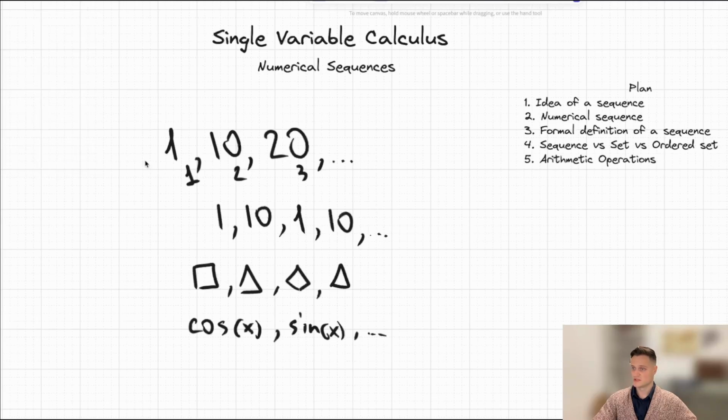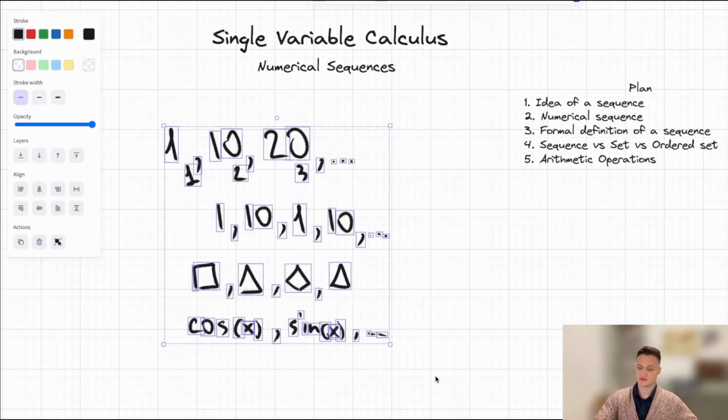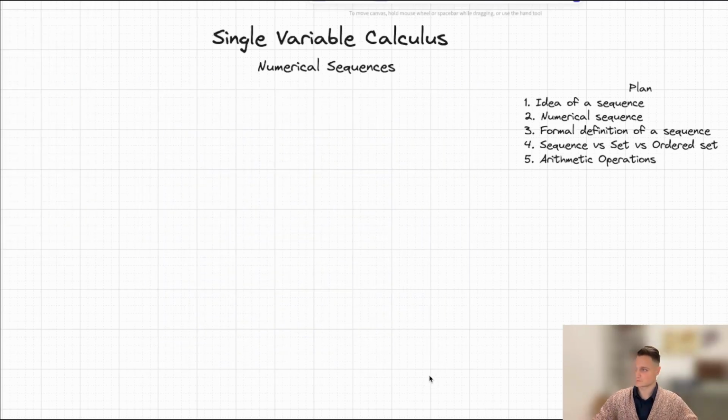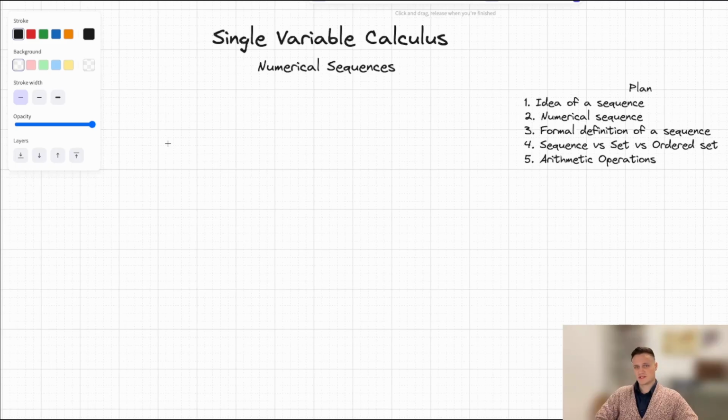Now let's dive into what a numerical sequence is. A sequence in its broadest sense is any ordered collection of objects. It can be numbers, functions, and so on, as I have already mentioned. Our focus is on numerical sequences, specifically ordered collections of real numbers.